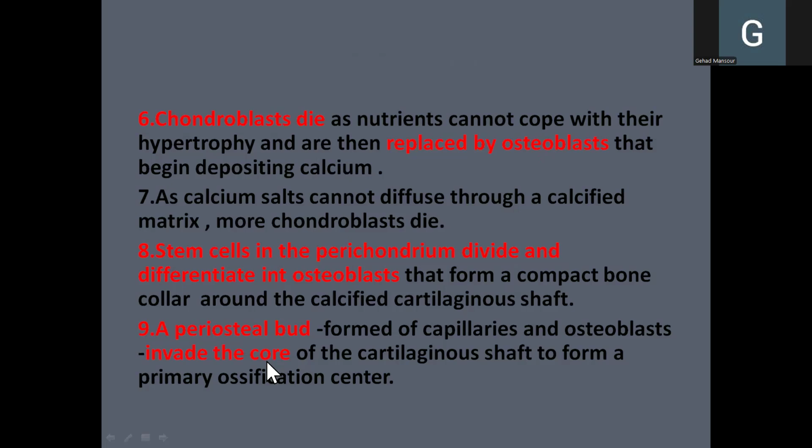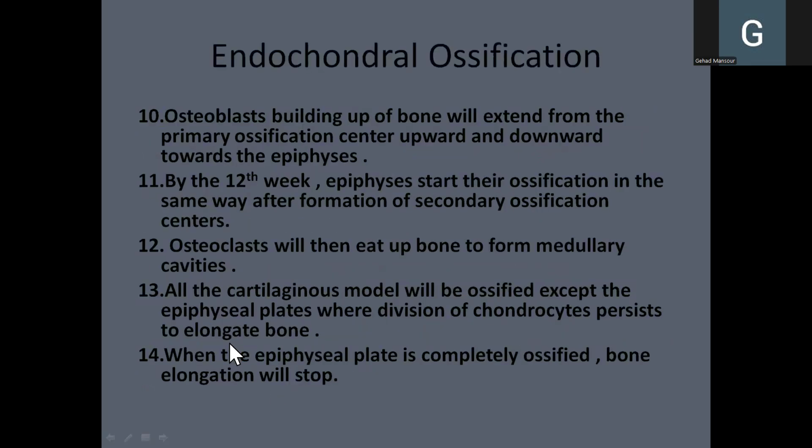They will invade the central part, which will be converted into the primary ossification center. This group of capillaries containing young immature osteoblasts that invade the core of the cartilaginous shaft to prepare for the formation of the primary ossification center is called the periosteal bud.